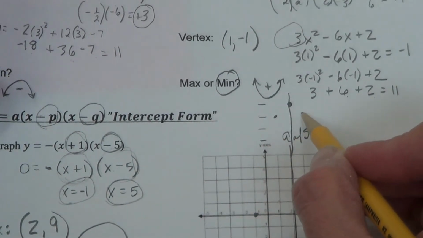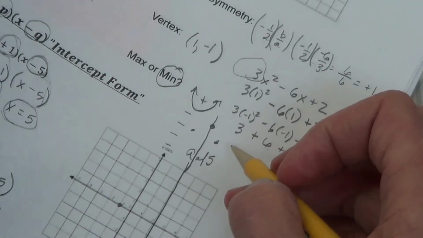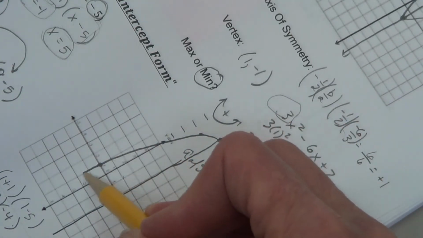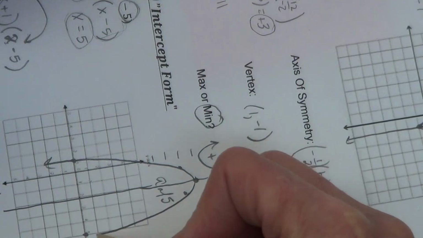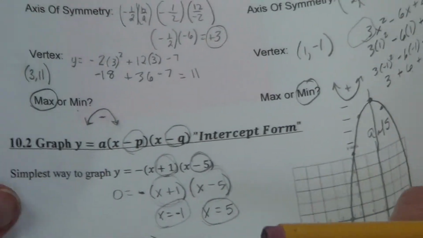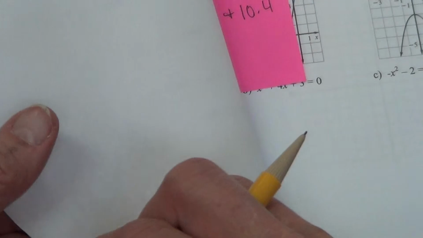We'll be right there on that one. And that gives us 5 points. That should be good enough to give us an estimate. So that's what our parabola looks like. Okay? That is intercept form when you have the binomials being multiplied.